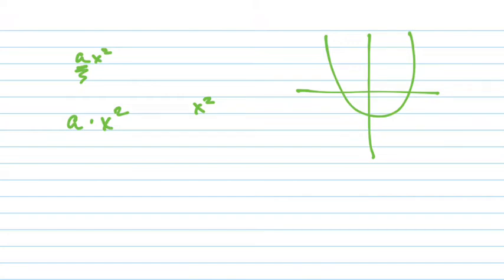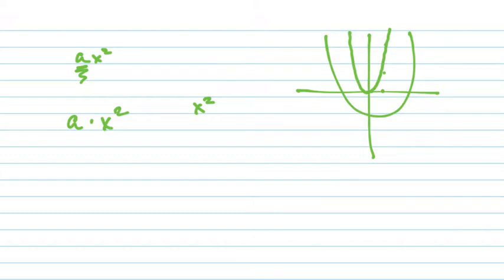But if I also multiply it by 2, that turns it into an 8. So instead of 2, 4, I'm going to get 2, 8, which is way higher. So it's going to make the parabola very skinny. It goes up faster, doesn't it?